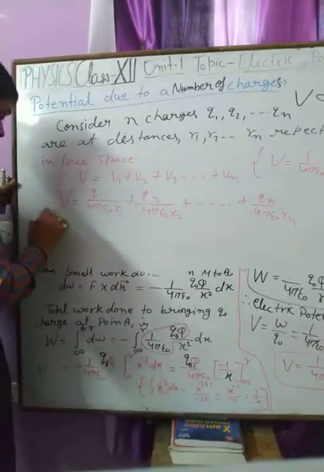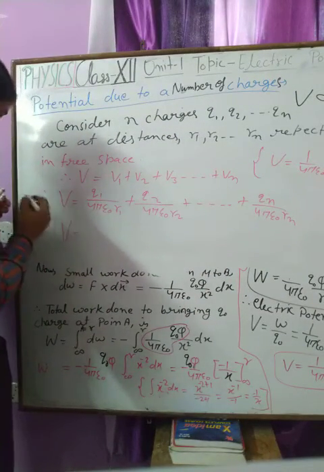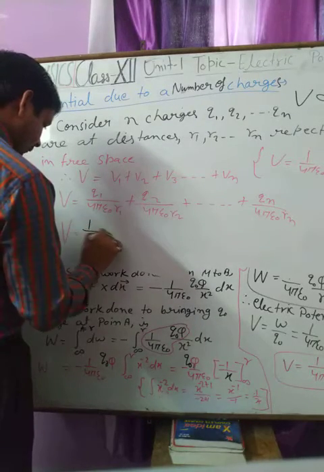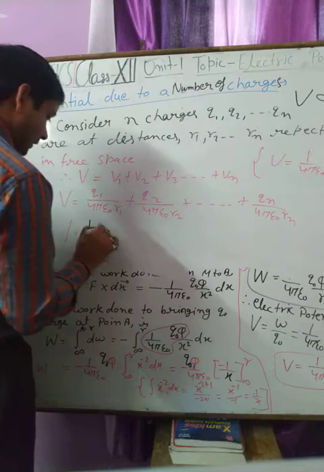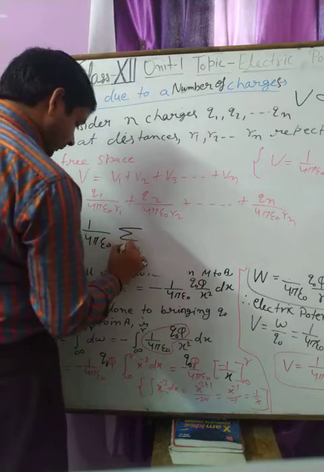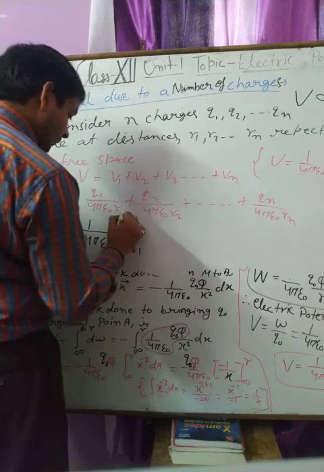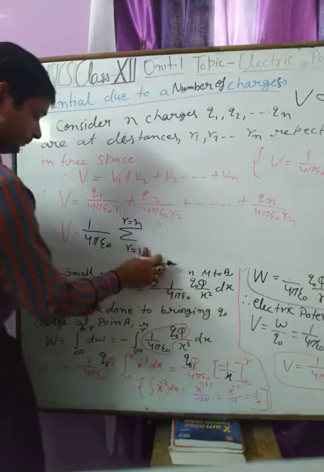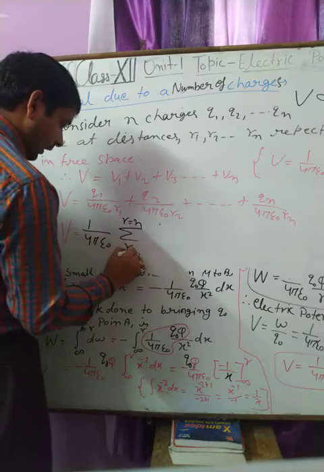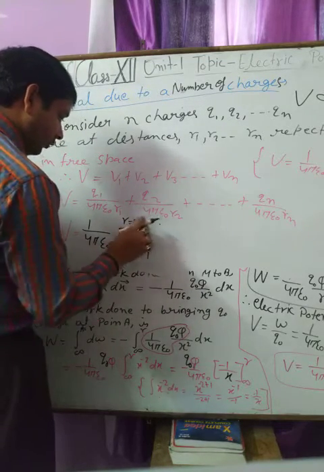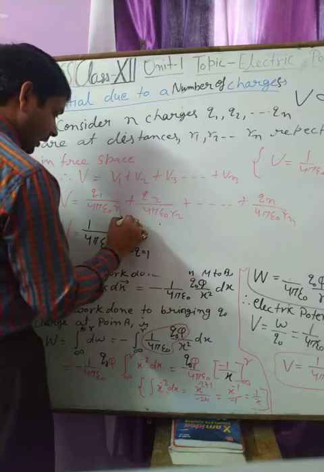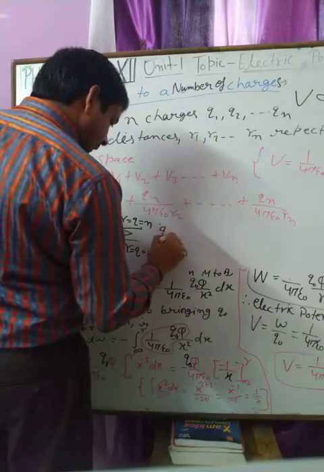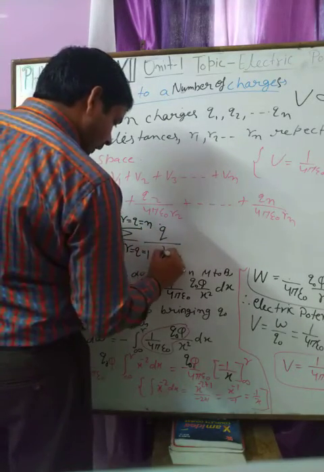Therefore, the potential due to many charges is 1 upon 4 pi epsilon naught summation from 1 to N of Q upon R.